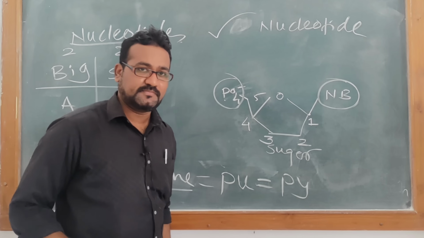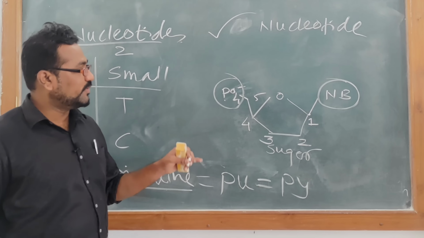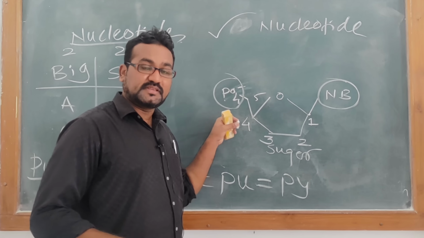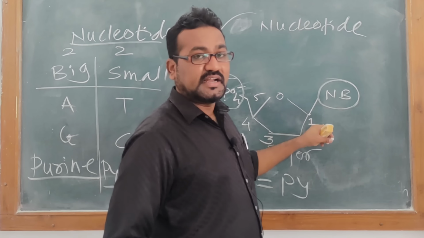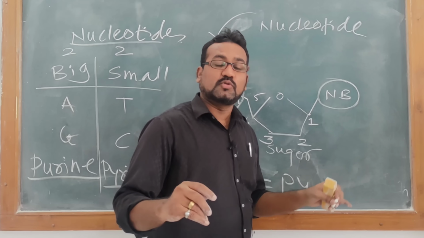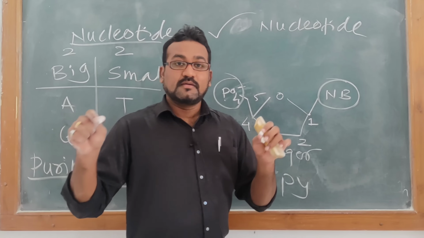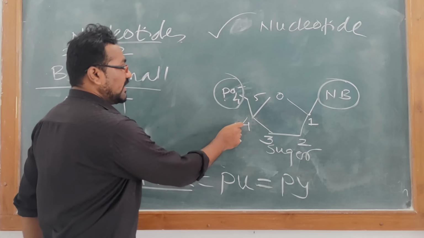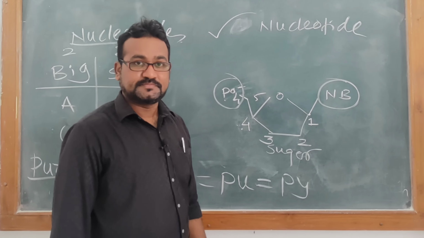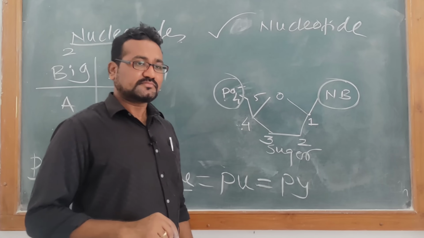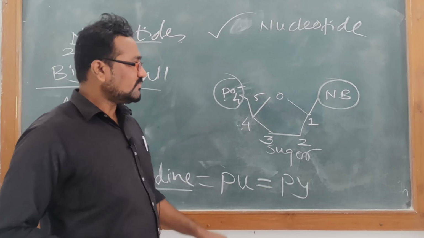It is that simple. One nucleotide always contains a phosphate group at the 5th carbon and a nitrogen base at the 1st carbon. Because of this, it is known as a nucleotide. Understand this.